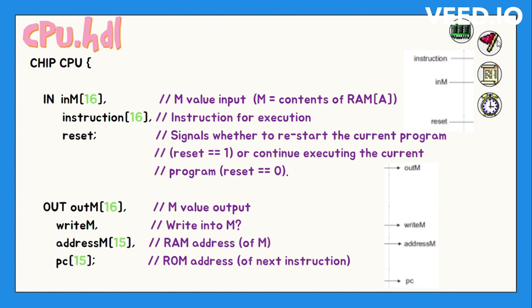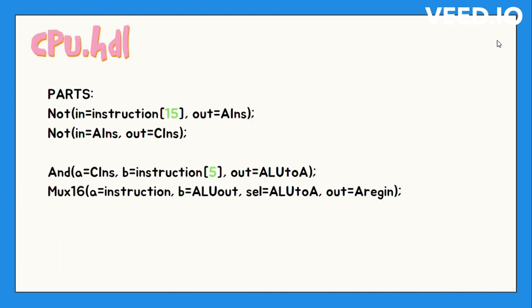Here in this code, input pins are 16-bit inM, instruction[16], and reset. For output pins, we have 16 bits of outM, writeM, addressM[15], and pc[15].